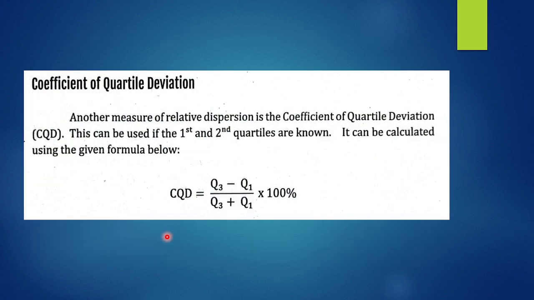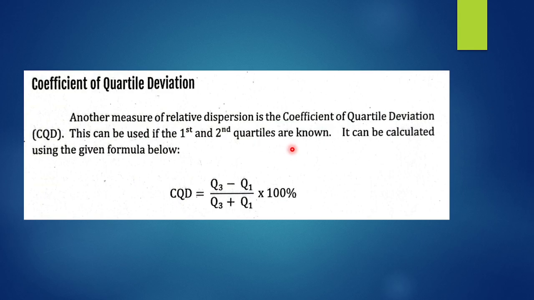All right. So another measure of relative dispersion is the coefficient of quartile deviation, also known as CQD. This can be used if the first and third quartiles, take note, not the second, are known.